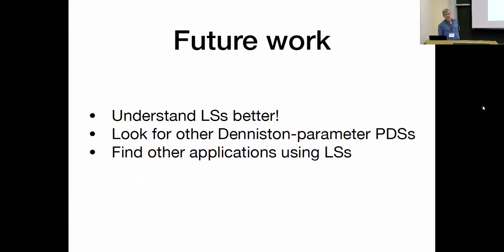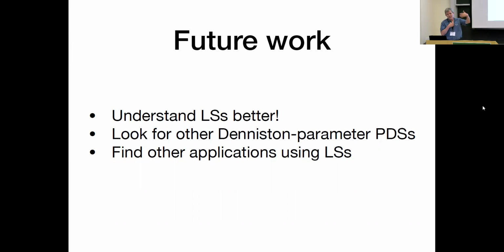So what I really want to have happen is I need to understand linking systems better. There has been a decent amount of work since the original paper on linking systems about 10 or 12 years ago, so we do have a better understanding, but we need to figure out how to plug those into these non-abelian groups, and what tweaks we need to make on the linking systems in order to make all the things work out.